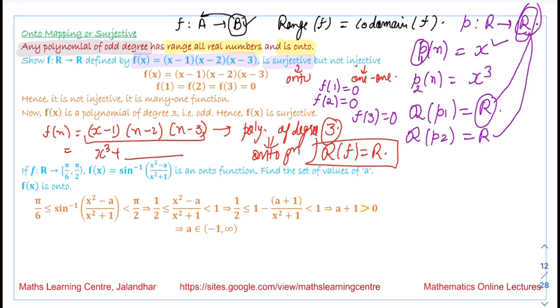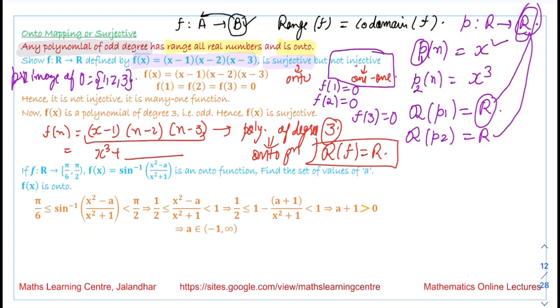So what we get from this is that the pre-image of 0 is equal to the set {1, 2, 3}. It means the pre-image of the element 0 is not unique. It means this function is not 1-1. 1-1 is also called injective. So this function is not injective.